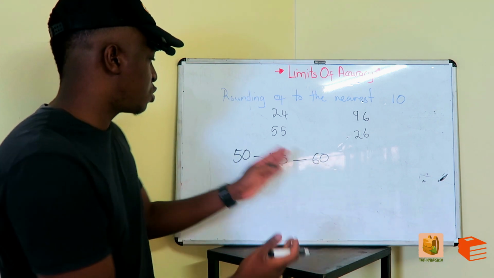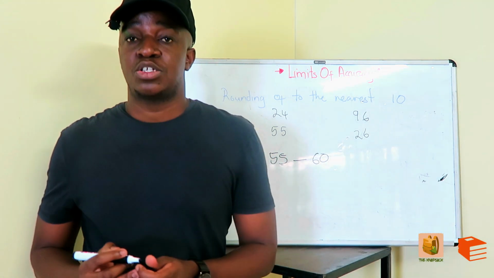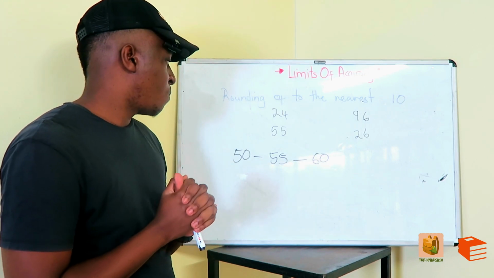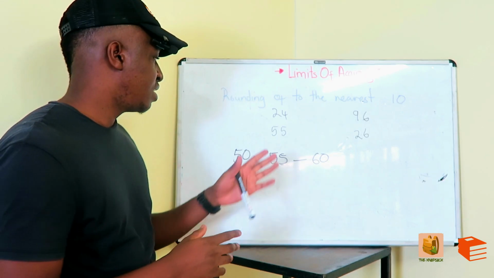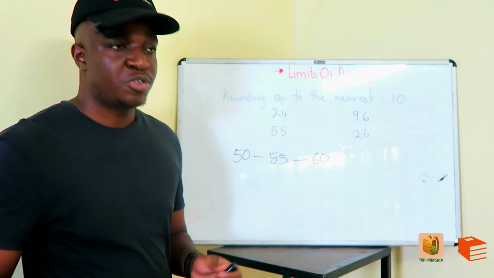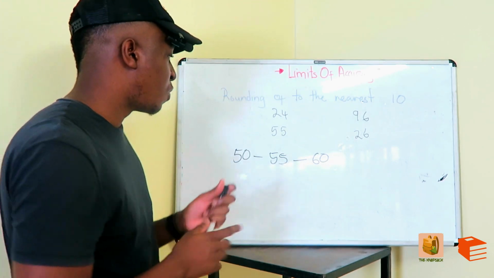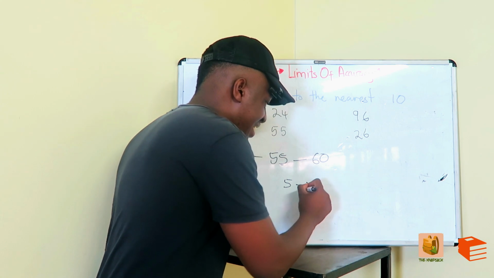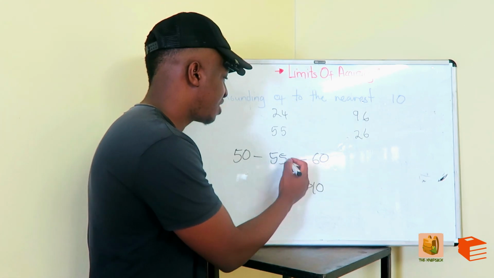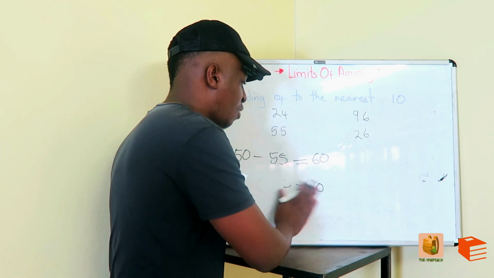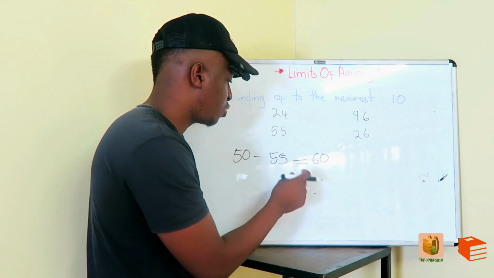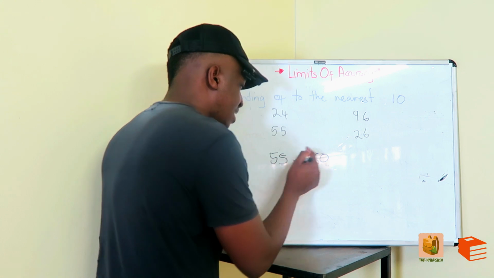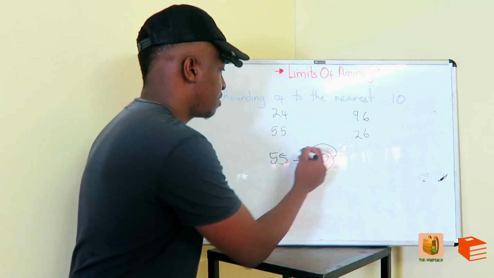It's equally close to both, so what do we do here? Well, the simple answer is whenever it's 5, you round it up. So from 5 to 10, you round up. I'm sorry, I'm rubbing the board with my hands. Anyway, it's going to be equal to 60.